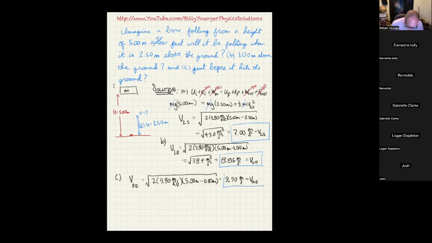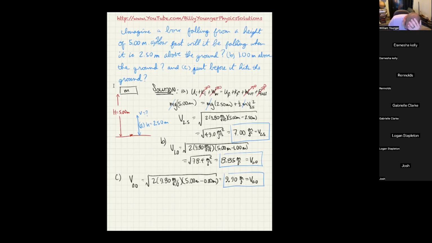So no, it is definitely not double the speed at 2.5, but you shouldn't have expected that because remember the velocity in kinetic energy is velocity squared, whereas the height is linear. So you'd expect it to be more like a square root of 2. What's 7 times the square root of 2? 9.90.